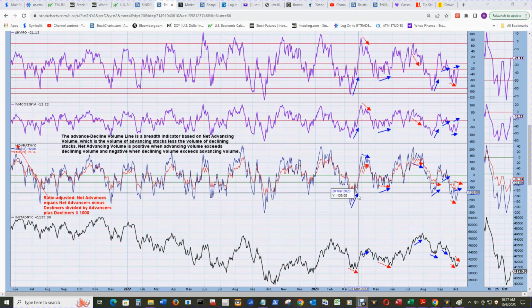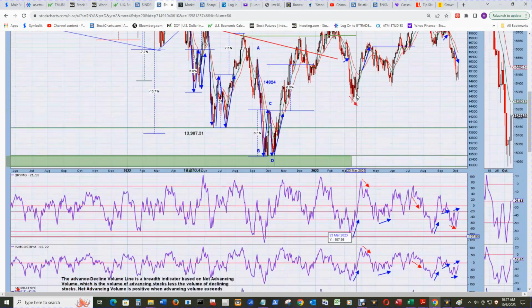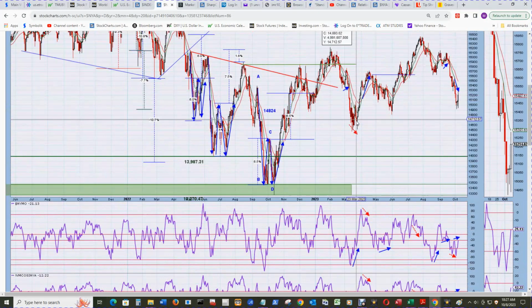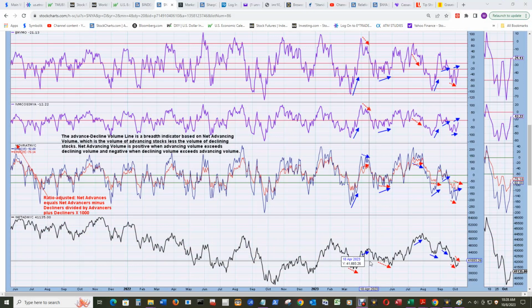But then all the oscillators had the upwards trajectory, and they were the early warning for price that there's going to be some upside. There was a couple more days of downside, and then it really took off. So the breadth and volume oscillators were doing their job.